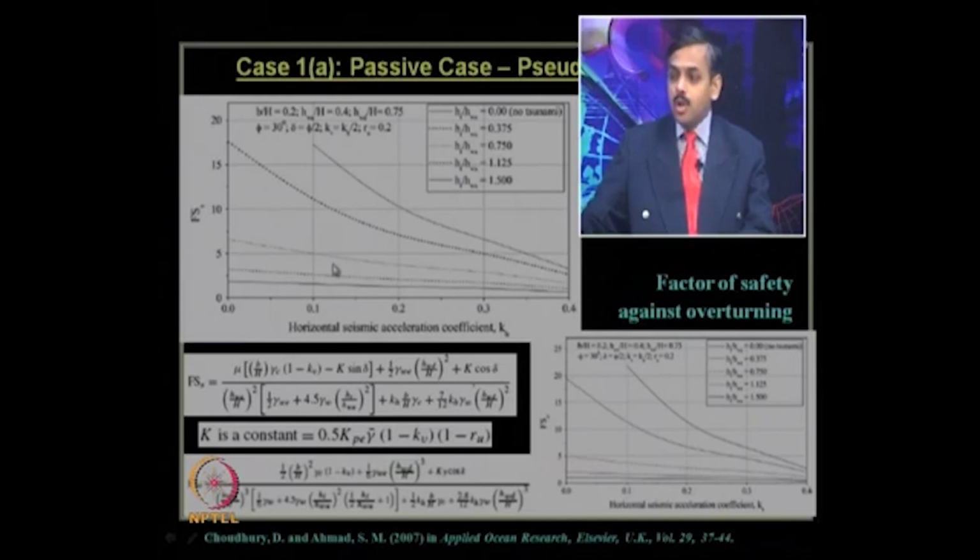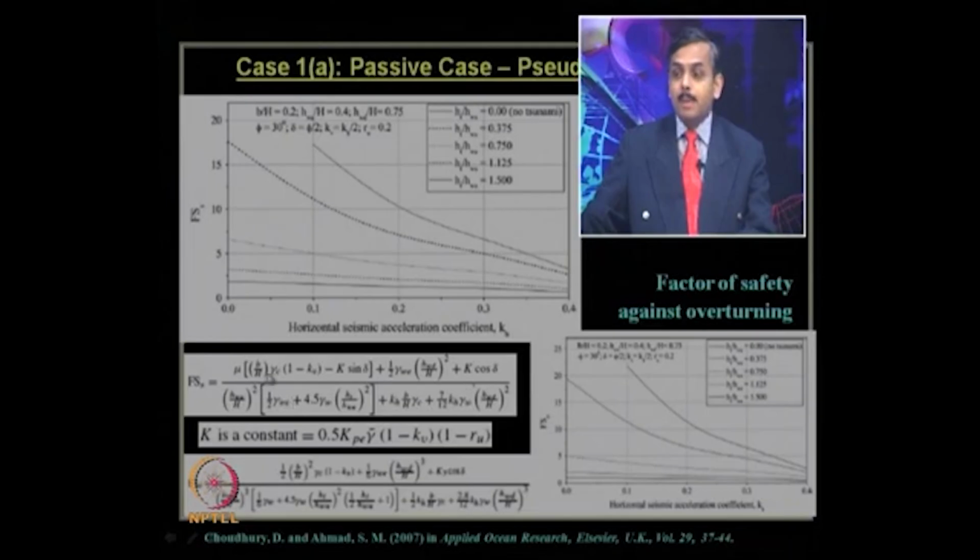So, for different values we got different results, which are also available as we have proposed in a closed form solution, or a complete equation form, which can be used directly by practicing design engineers. How? This factor of safety with respect to sliding is calculated as mu times, where mu is nothing but the coefficient of friction between the base of the wall material and the soil material against direct sliding, and B by H ratio is the property of the wall section which you want to design.